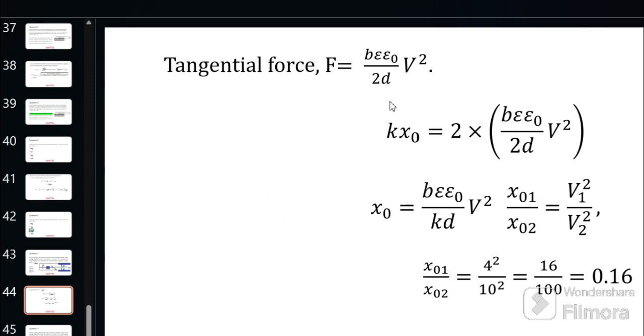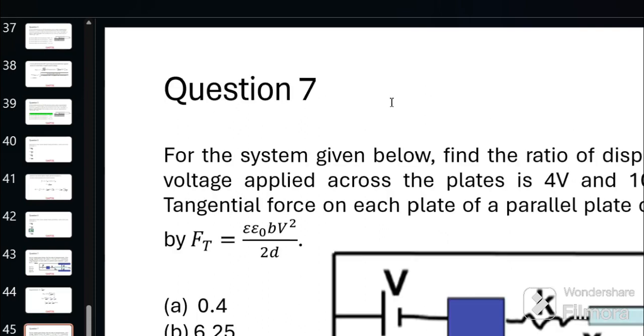Then we find this equation, where we find the relation between the gap and the voltage. Likewise we find the ratio between the tangential forces in both cases when the voltage is 4 volt and 10 volt, and then we get the answer as 0.16.